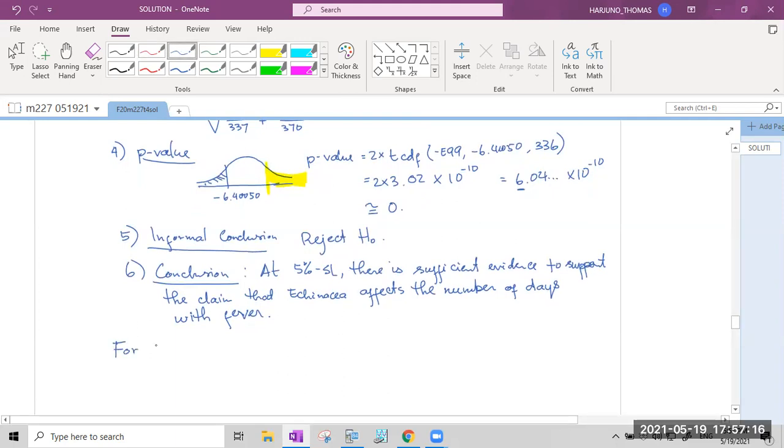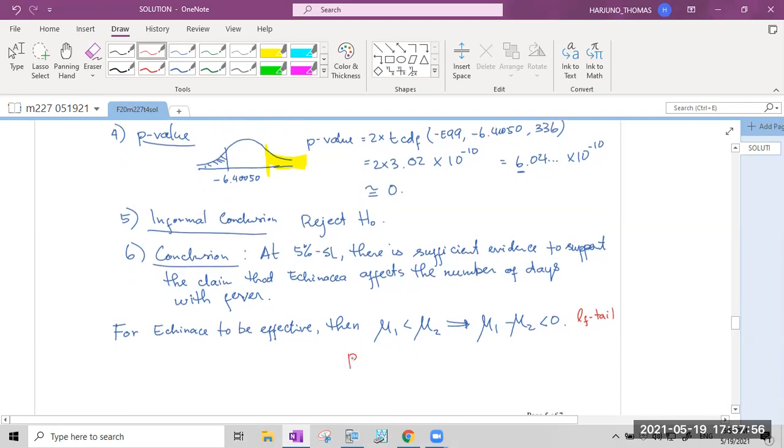For echinacea to be effective, then in your step 2, mu1 has to be less than mu2, which implies mu1 minus mu2 is negative. That gives us a left tail.